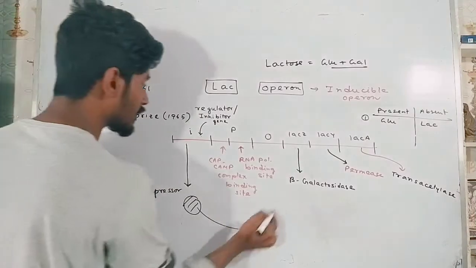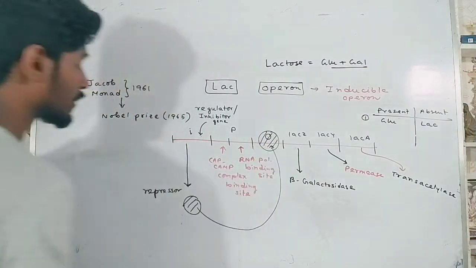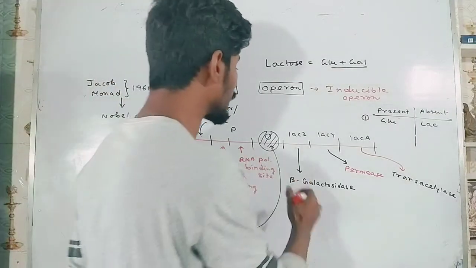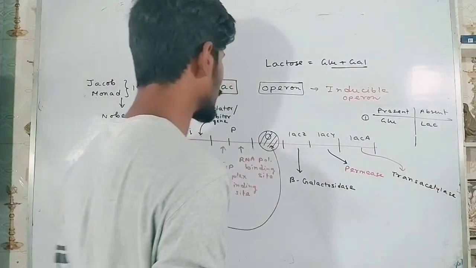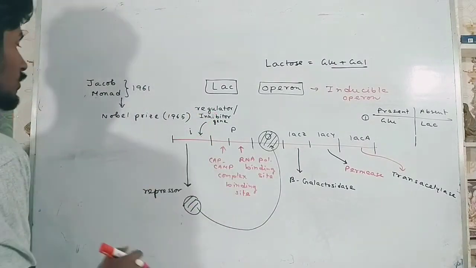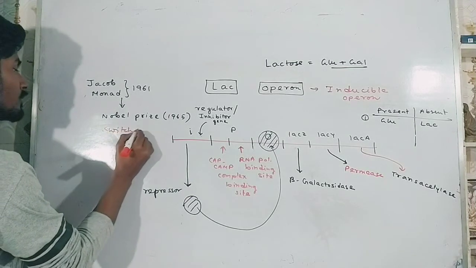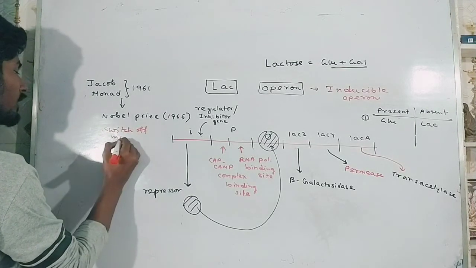This repressor protein binds to the operator site, preventing the RNA polymerase from transcribing the structural genes, as a result of which the lac operon is switched off. So it is in the switched off mode.